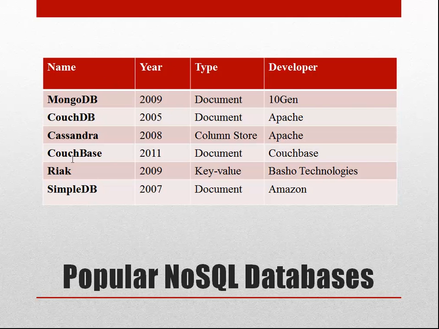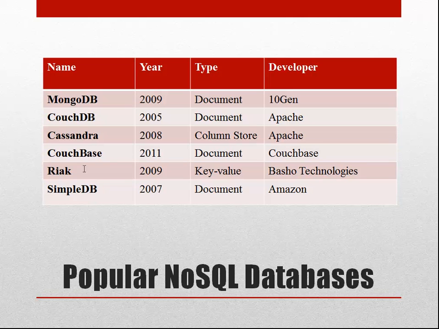But aside from MongoDB, we have CouchDB, which has been out for a while, 2005. Also a document database and built by Apache. Apache also has a column store NoSQL database, which we'll talk about, and that's called Cassandra. That was released in 2008.